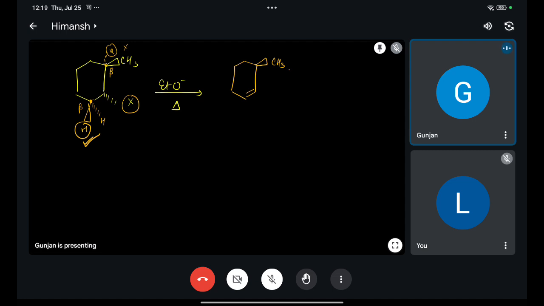Is that clear to you or no? Because it's on the dash, that's why we remove this hydrogen, no? Ma'am, because this is on the dash, that is the reason we are removing it, yes.